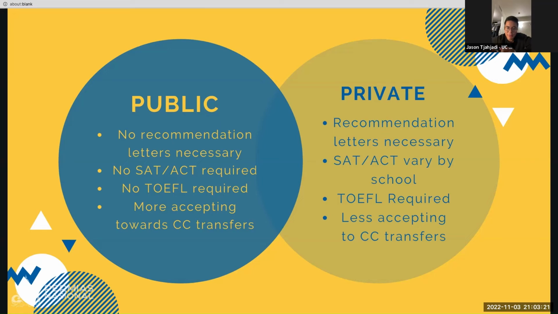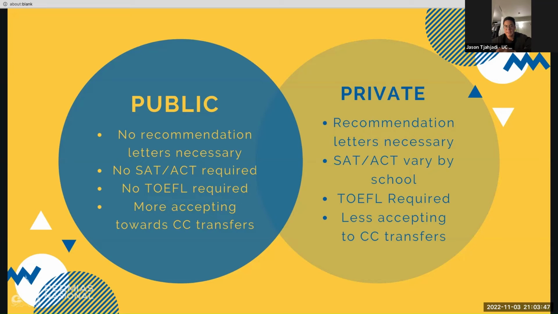Another thing to note within private universities is that SAT or ACT requirements vary by school, and TOEFL is required because you are not guaranteed that all of your courses between your community college or your university will be able to fully transfer into the university. I would highly suggest checking the website to be sure, or contacting the admissions office via email or call, if possible, about whether your courses are able to fully transfer.